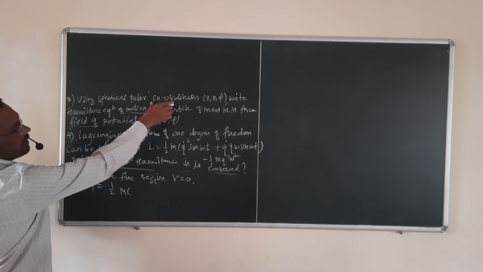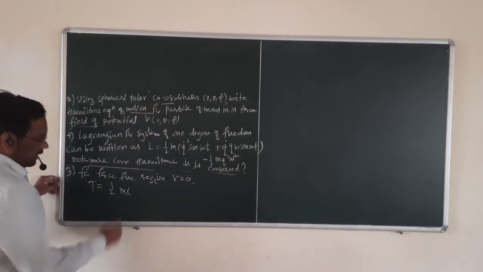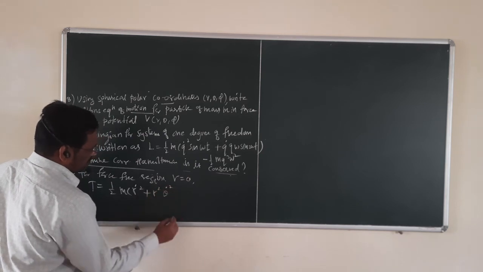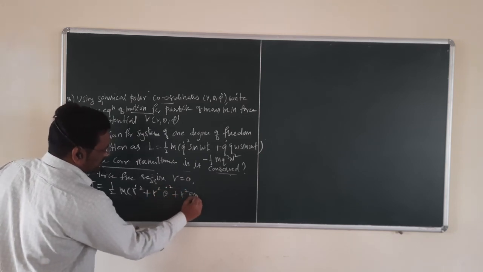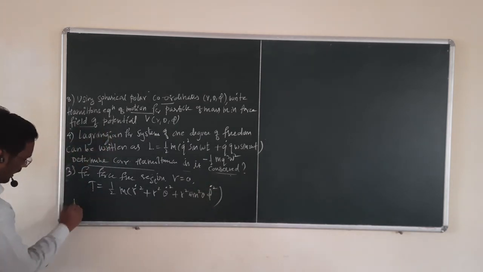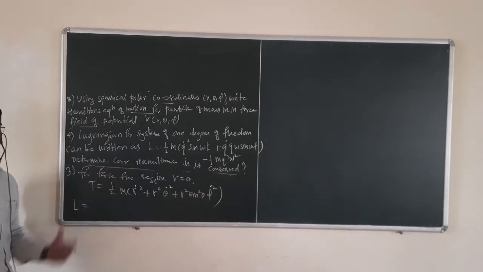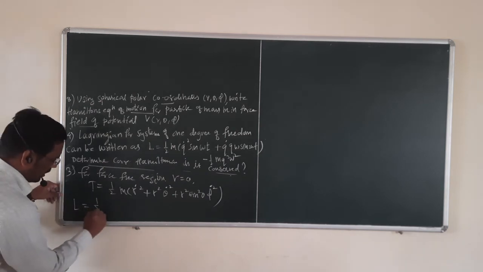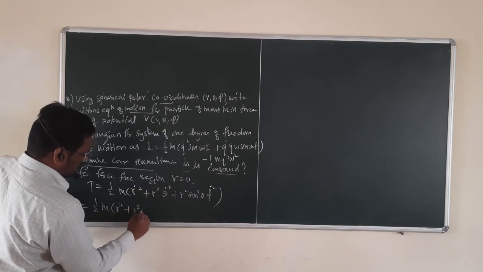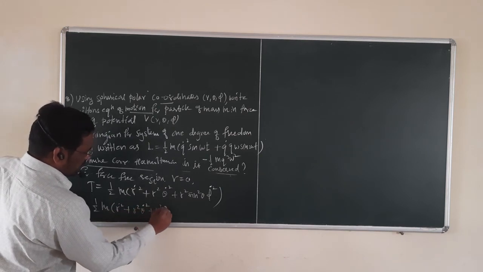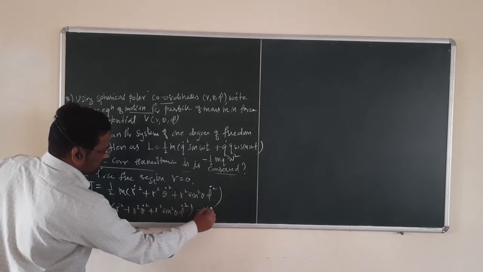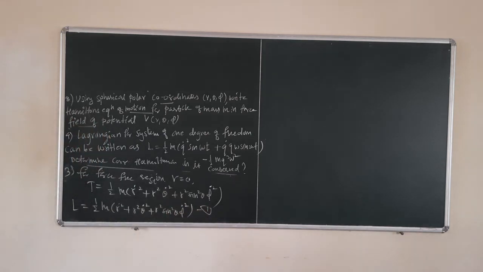Now since we are in the spherical polar coordinate system, kinetic energy is 1/2 m (r dot square plus r square theta dot square plus r square sine square theta phi dot square). Therefore Lagrangian is T minus V, so Lagrangian becomes 1/2 m (r dot square plus r square theta dot square plus r square sine square theta phi dot square). So this is the Lagrangian.